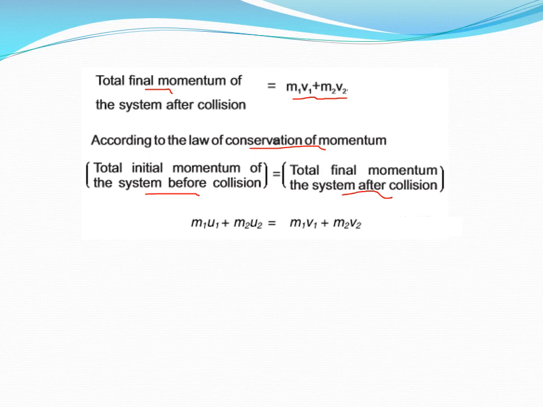Now plugging in the mathematical forms, the total initial momentum of the system before collision is m1 u1 plus m2 u2, and the final momentum after collision is m1 v1 plus m2 v2. As these two are equal, it is the condition for the law of conservation of momentum.